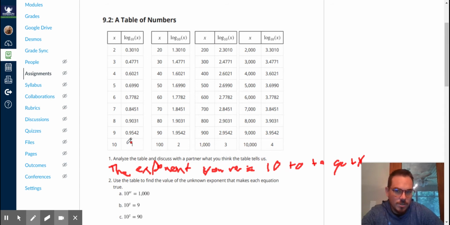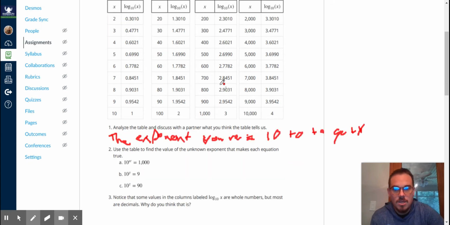What's 10 to the power of 1? Oh, it's 10. So I raise 10 to a power of 1 to get 10. I raise 10 to the power of 2 and I get 100. I raise 10 to the power of 3, 10 times 10 times 10. So 10 times 10 is 100, times 10 is 1,000. 10 to the power of 4 gives me 10,000. So the exponent you are raising 10 to get x is what this table tells us.